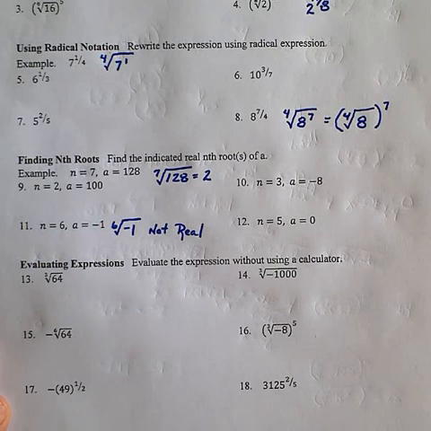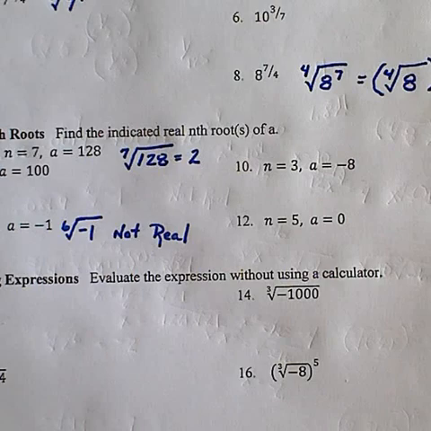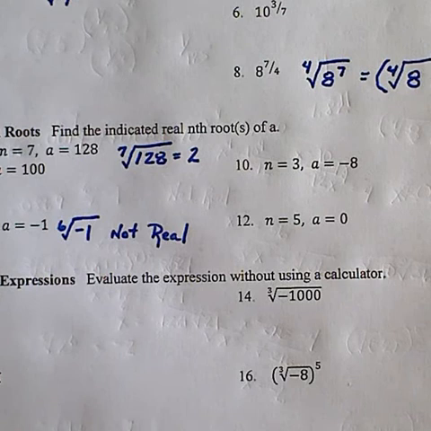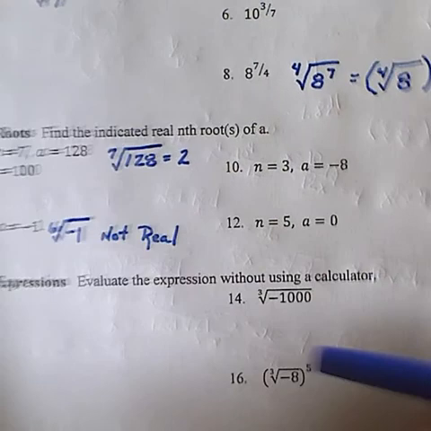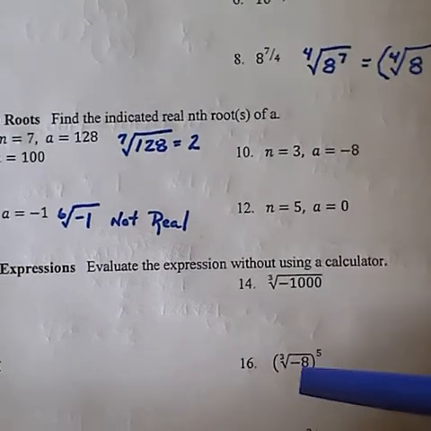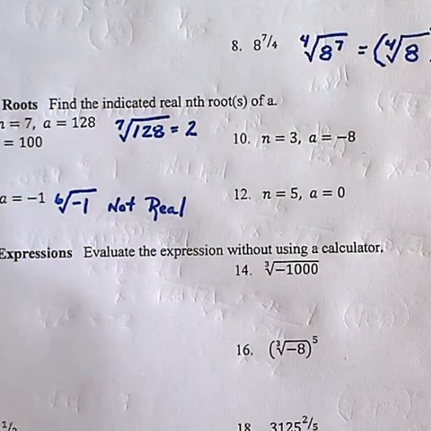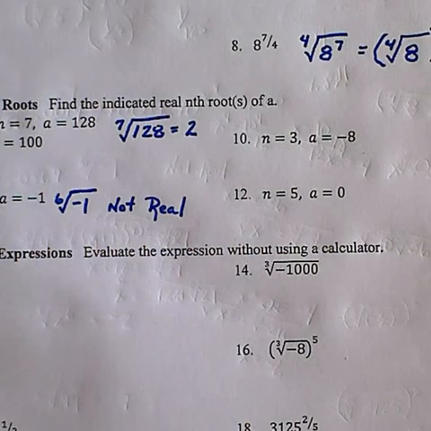I'm going to zoom in here just a little bit so maybe you can see a little better. On number 15, you see that you've got a negative outside, which is okay. You've got a sixth root of 64.